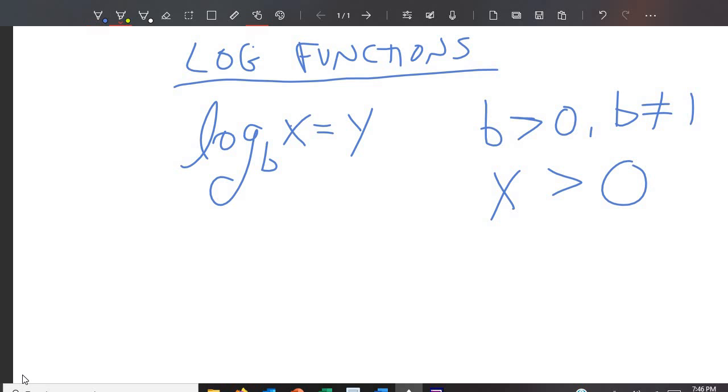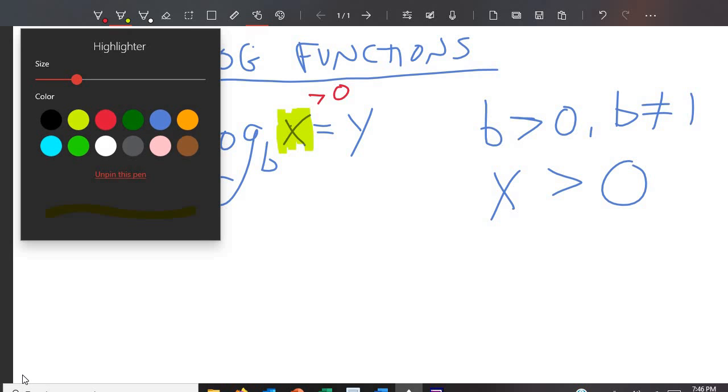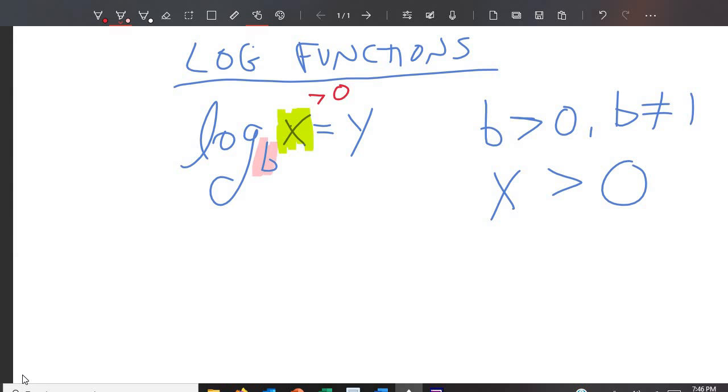So this number right here has to be greater than 0. Whatever is there has to be greater than 0. This number right here is called the base. That's easy to remember because we represent it by a b. This has to be greater than 0 and not equal to 1.